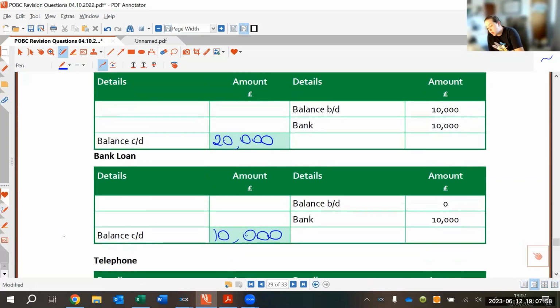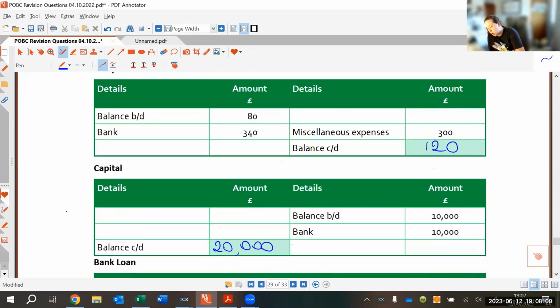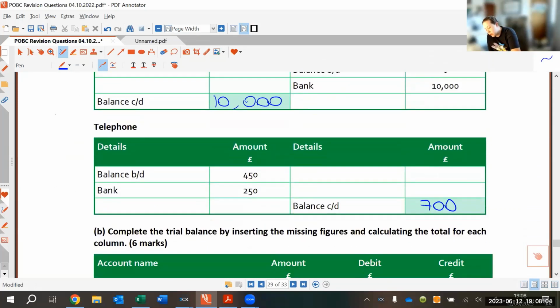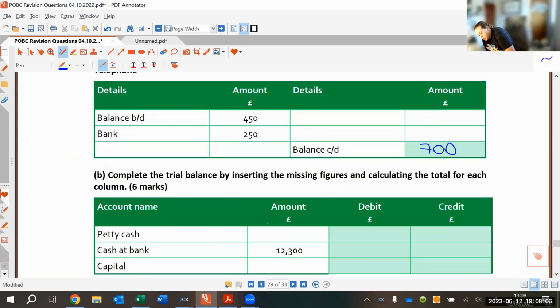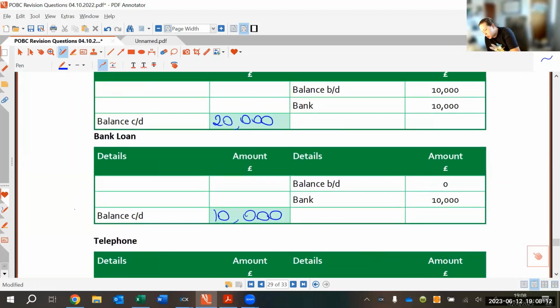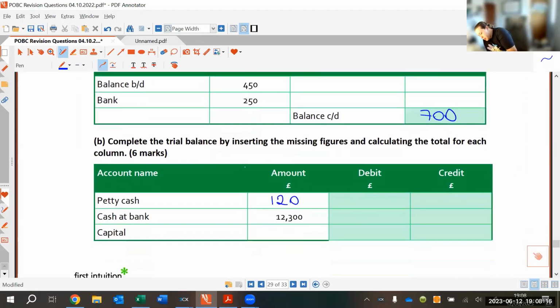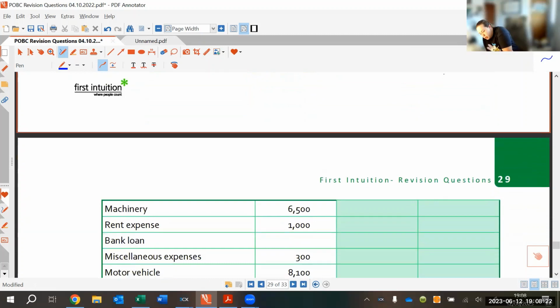What I would do with this is I'd just take each one, pop it in to the amount column on the trial balance, because then you don't have to be scrolling backwards and forwards too much. Capital was 20,000. Just going to go over the page. The bank loan was 10,000, wasn't it?